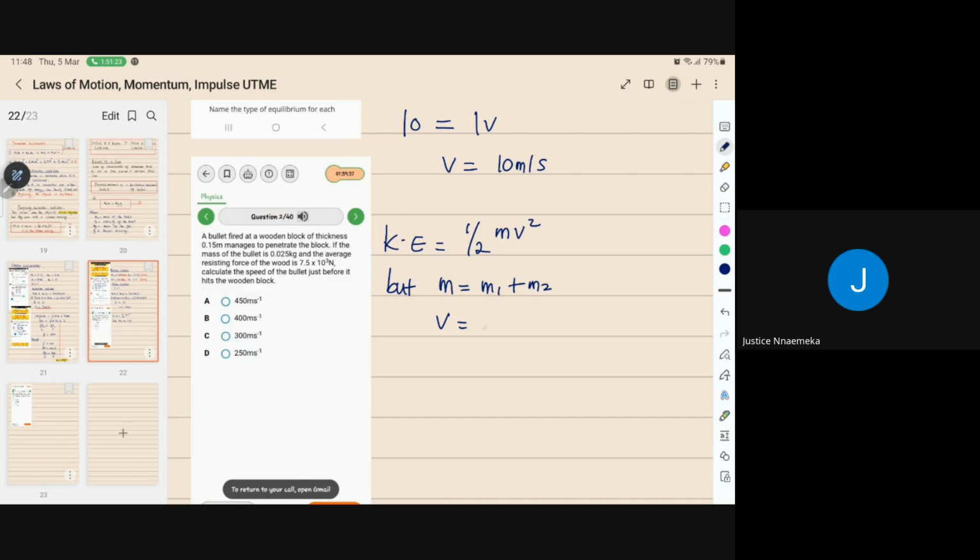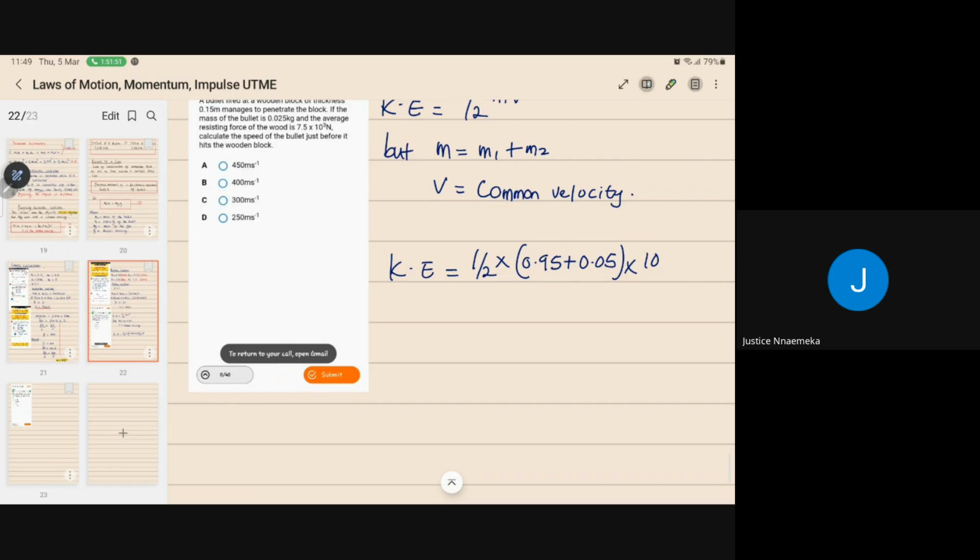And V is our final velocity, the common velocity, actually. So that the kinetic energy will be equal to 1 over 2 times, the M is what? 0.95 plus 0.05, multiplied by 10.